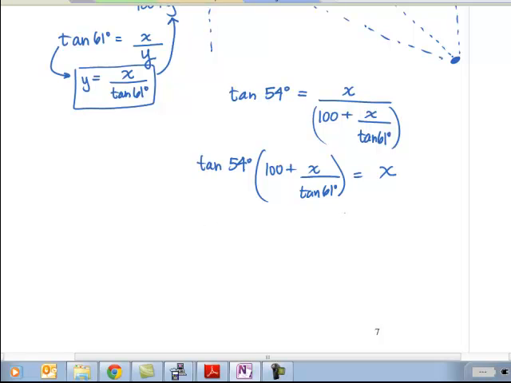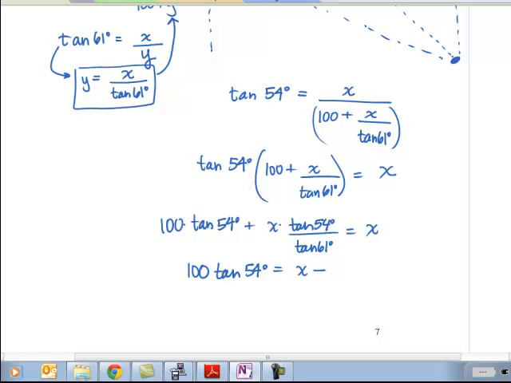So we could distribute, I suppose. 100 times tangent of 54 degrees plus x times tangent of 54 degrees over tangent of 61 is x. Now we want to get the x terms on the same side. So we could do 100 tangent of 54 degrees equals x minus x times tangent of 54 over tangent of 61.